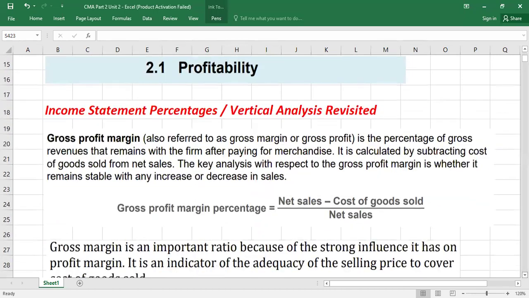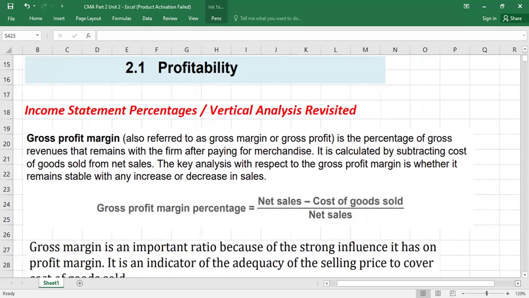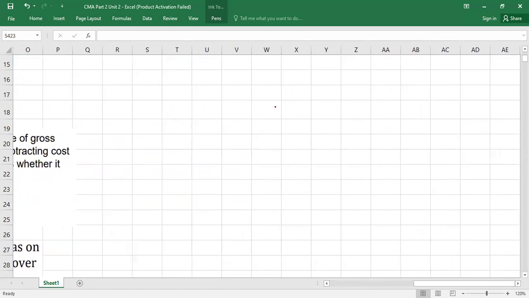So here we go, guys. Let me first give you an idea about the profitability ratios. Generally, we will discuss 5 ratios of profitability. The first ratio is the gross profit ratio. The second is the operating profit ratio.